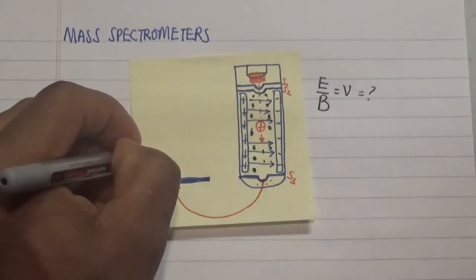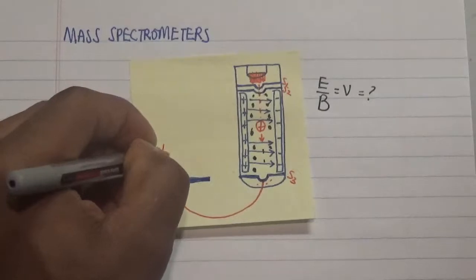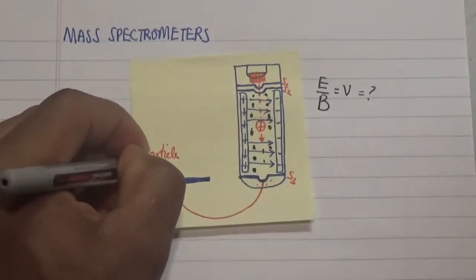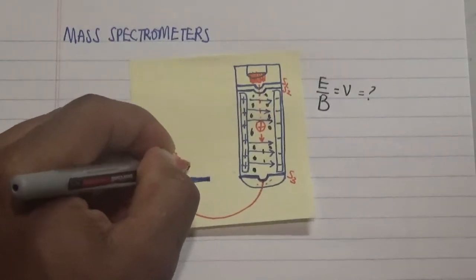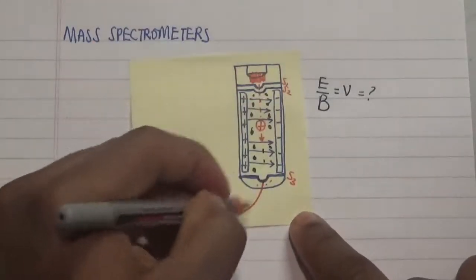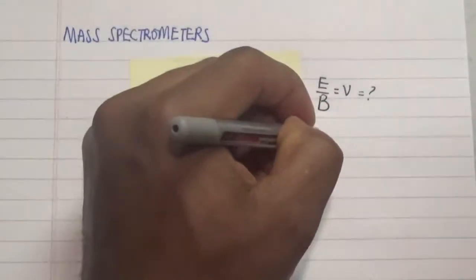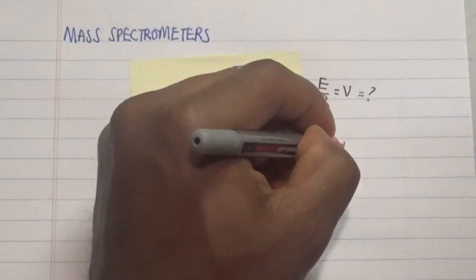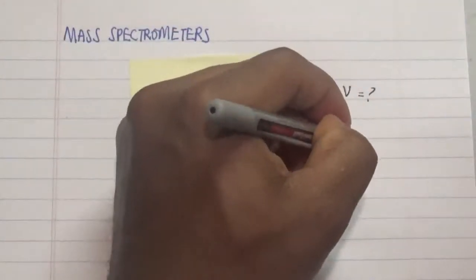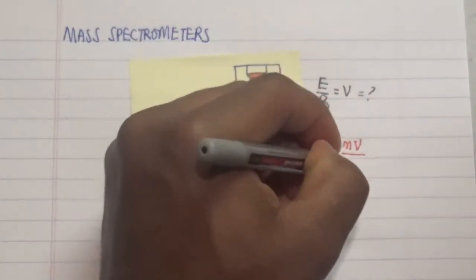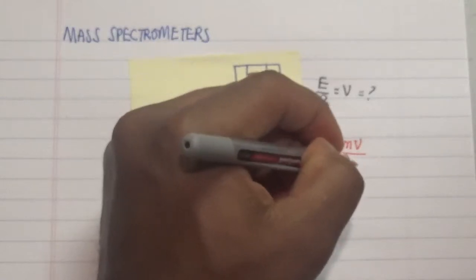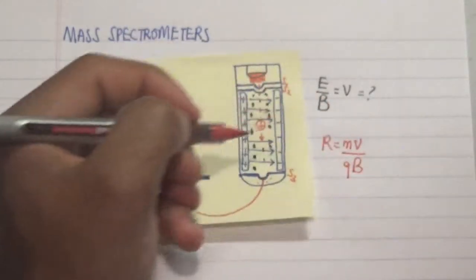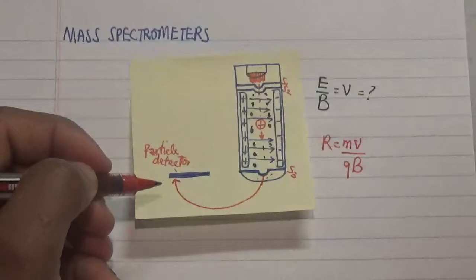So this is our particle detector, and the radius of this arc is equal to the mass of the particle multiplied by its velocity, over the quantity of its charge multiplied by the magnetic field it is subjected to.